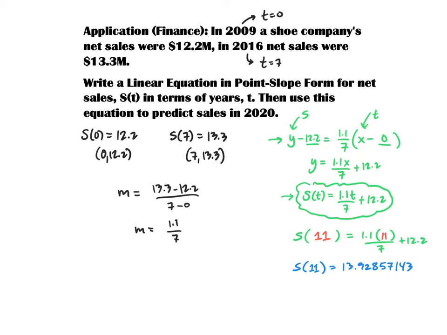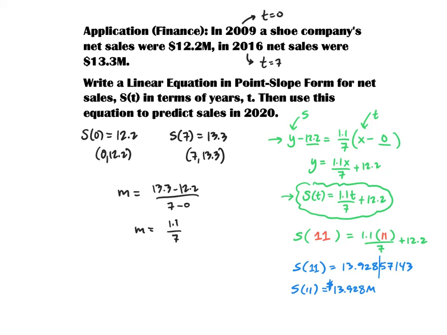Now, in calculus, you've got two options. You can either truncate, which means you could write S of 11 would be equal to 13.928 at 3 decimal places, $1 million.